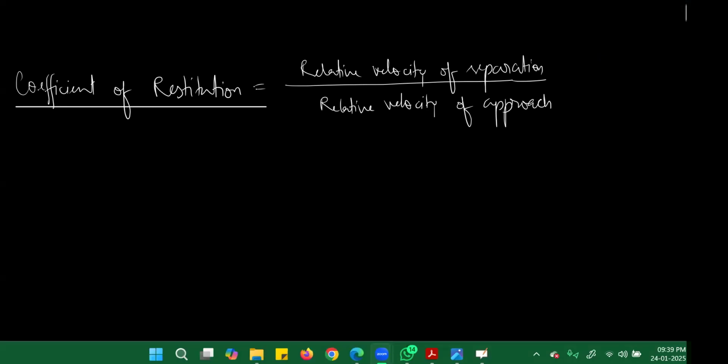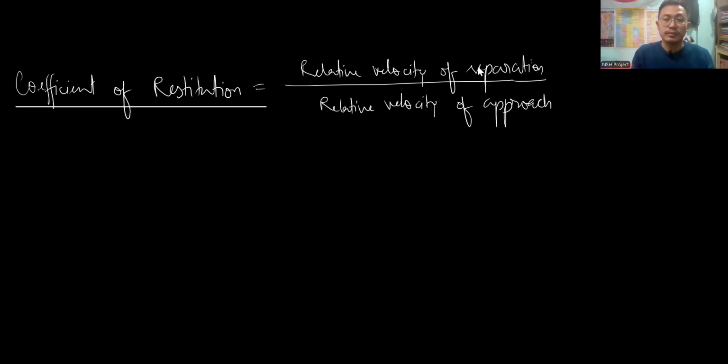In collision, relative velocity of approach is zero means the bodies are already together. If relative velocity of approach is zero, can it also have relative velocity of separation? If relative velocity of separation is zero, the two bodies merge together, and then the denominator is zero, so it is not defined.